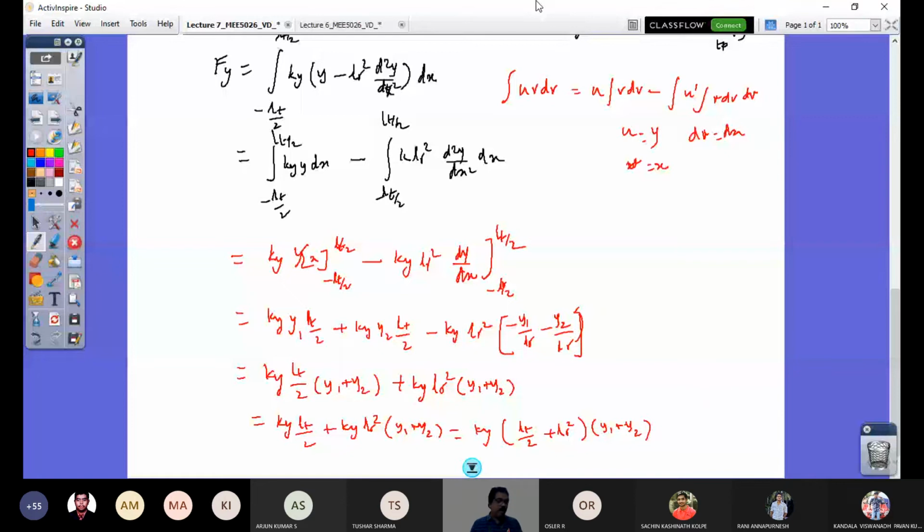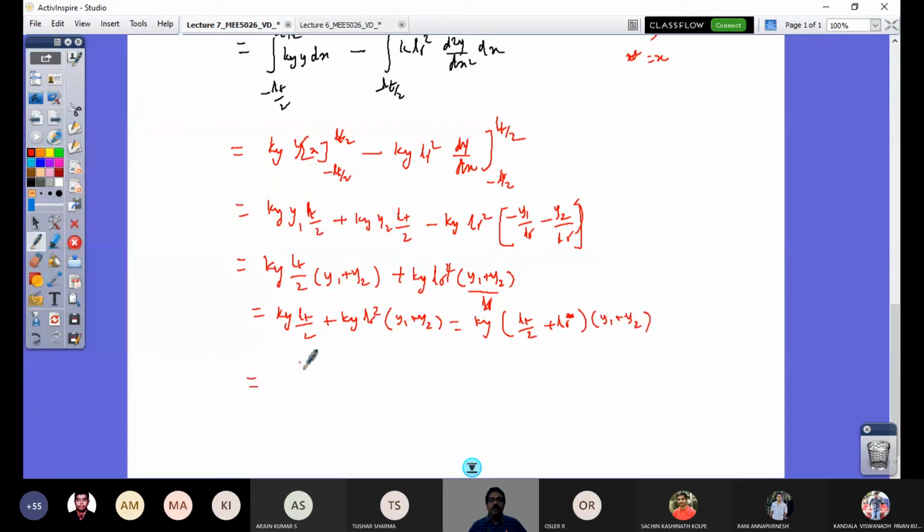Is it LR square or LR? See, here it is divided by LR, so this LR goes off. So it is only ky, this is only LR. It's not LR square.